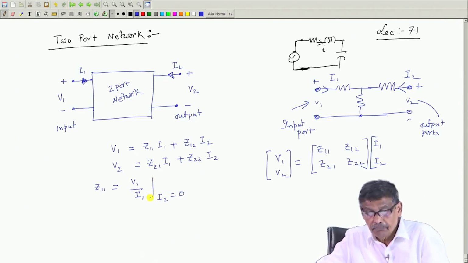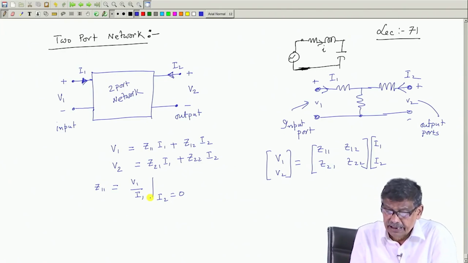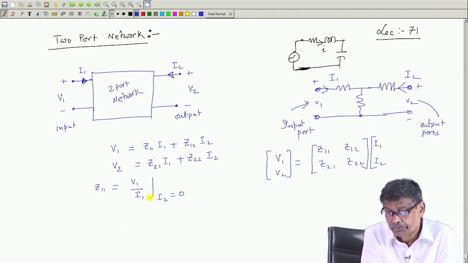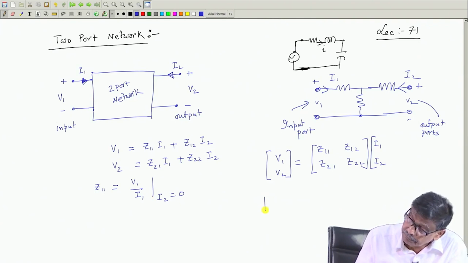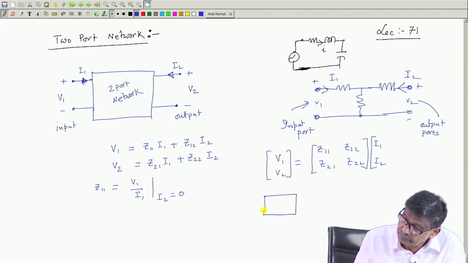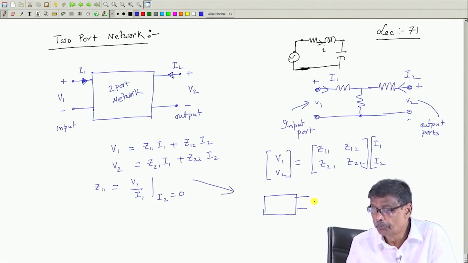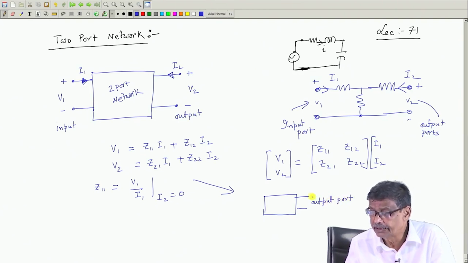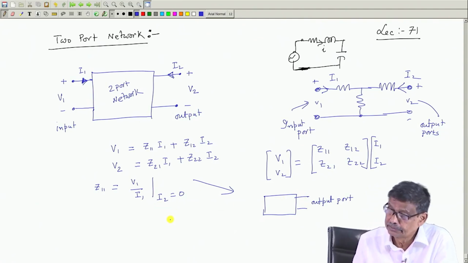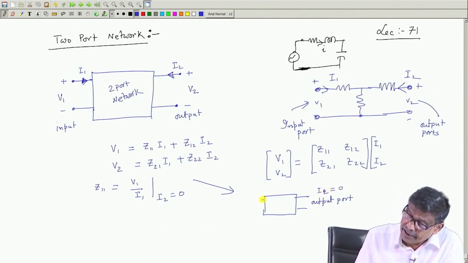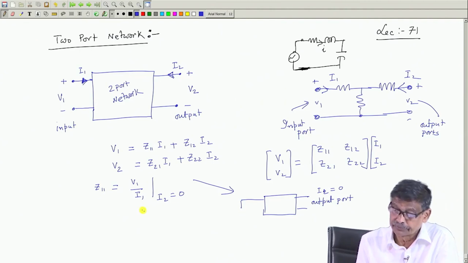What does this mean? Take this network, excite the input with a current source. I 2 equal to 0 means the output port is open circuited, do not connect any impedance. So this current I 2 will be 0, and excite this with a current source I 1.